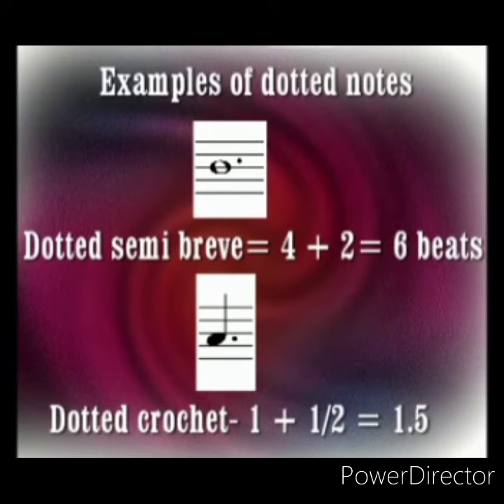Conclusively, we say a dotted crotchet is 1 plus a half, which is equal to 1.5 beats. So you have to study this little arithmetic so that whenever you see any musical note with a dot beside it, you should be able to know the effect of that dot and the total value it is going to bring out at the end of the day.